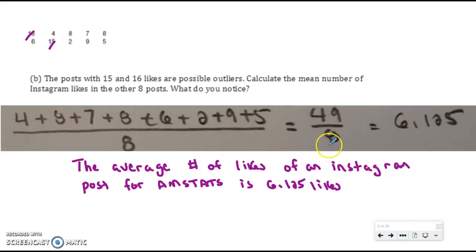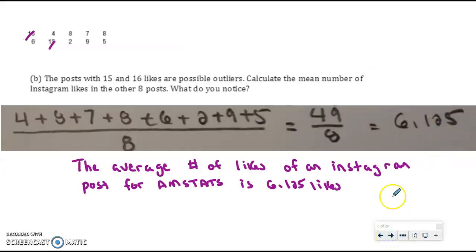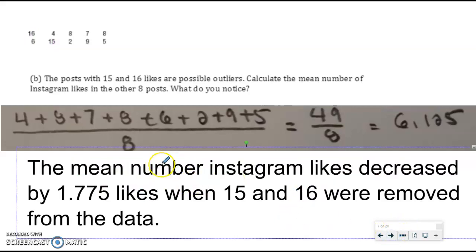Now, what do we notice? If I compare that 6.125 to this 8, what do we notice? Well, it seems like this number is more than this number. So how much more is it? Well, it turns out it's 1.775 likes away. So what I would say is that the mean number of Instagram likes decreased by 1.775 likes when 15 and 16 were removed from the data.